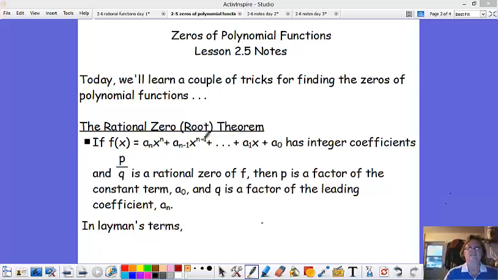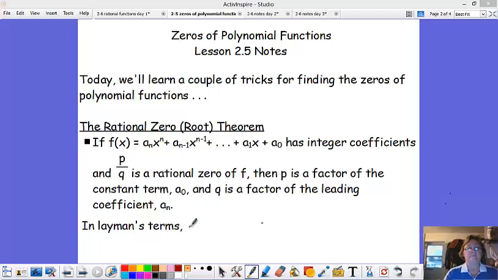That's just saying if you have a polynomial function, then if it's going to have rational zeros, and rational numbers, you remember, are just part of the real numbers, things that can be written in fractional form, they have to be in the form p over q, where p is the constant term, so here, and q is the leading coefficient, so right there.